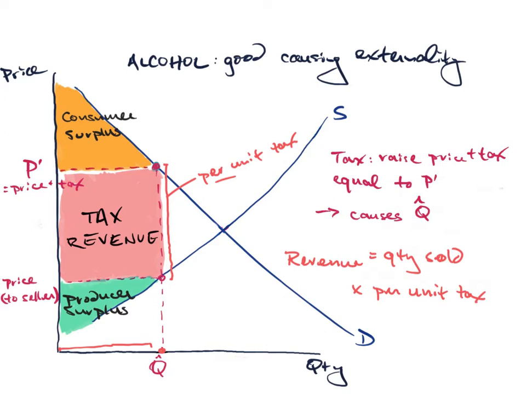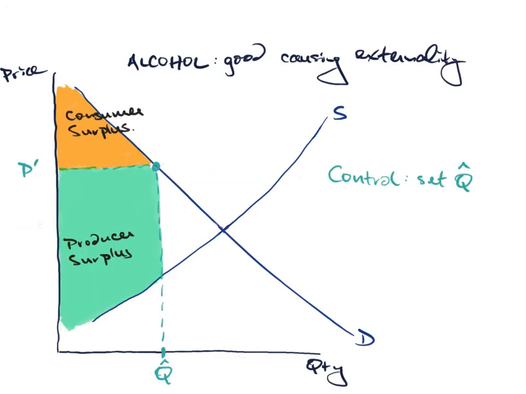Go back and compare this to the slide that shows the market where quantity is controlled. Here are the areas of surplus. Consumer surplus is the same with either strategy. Either taxing or controlling, consumer surplus remains the same. Consumers pay a high price and they consume a low quantity.